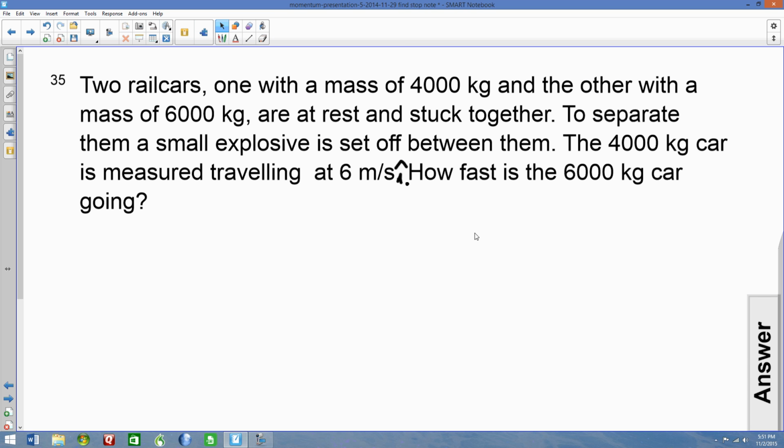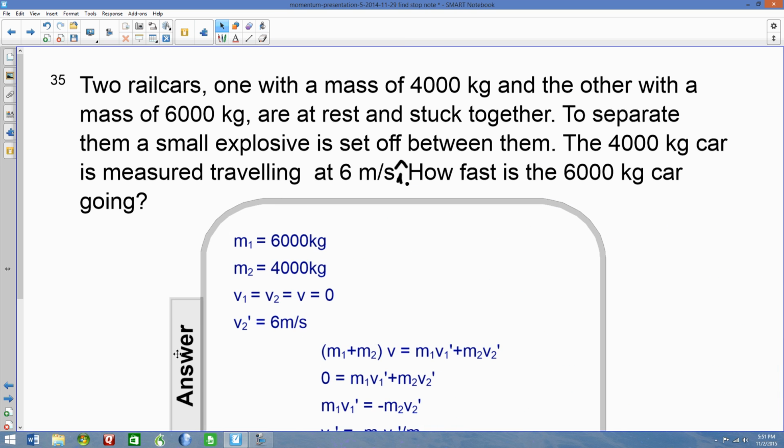Okay, let's see if you have the correct answer. The mass of car 1 is 6,000 kilograms. The mass of car 2 is 4,000 kilograms. They start at rest, so v1 = v2 = v = 0 meters per second i hat. The second car, the 4,000 kilogram car, travels off at 6 meters per second i hat.